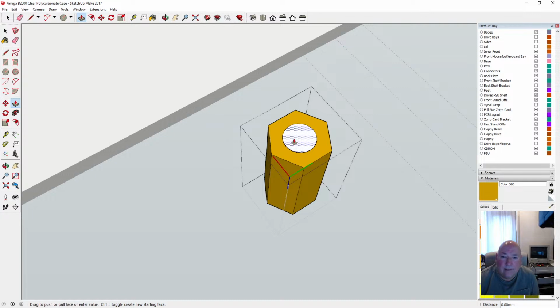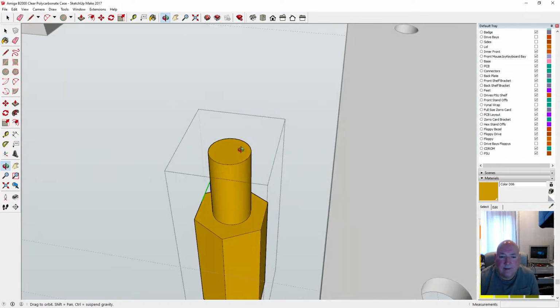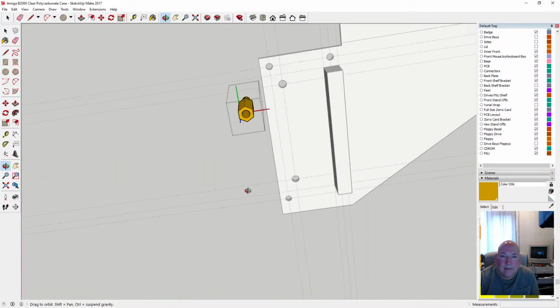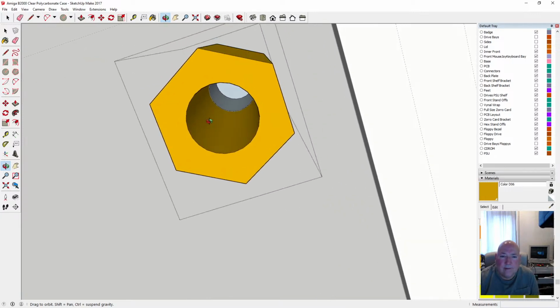Let's go 6.1 millimeters. Let's paint it. Okay. Is that close enough? Sort of.